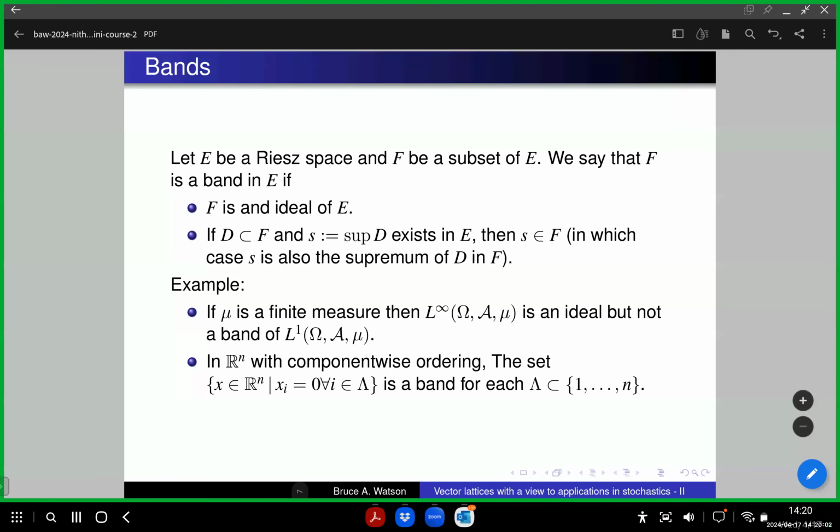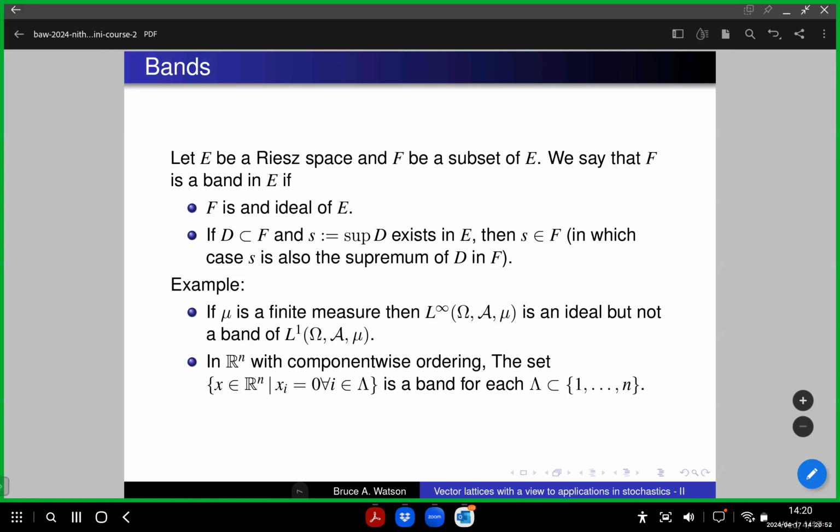So let's look at some examples now. If mu is a finite measure, and we look at the L infinity functions with respect to that measure, as we know that set is an ideal, but it is not a band in L1, because, as one knows from measure theory, you can take truncations of L1 functions.